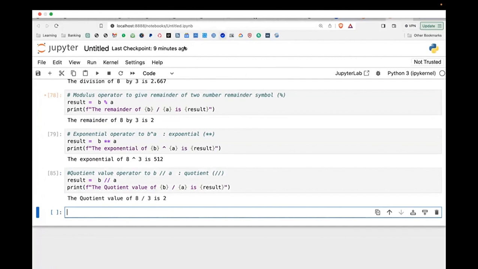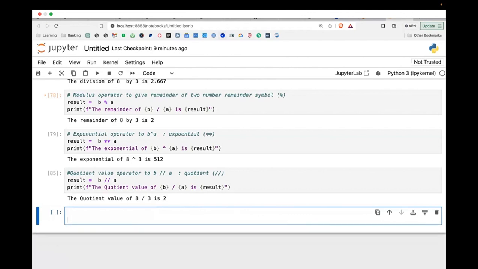What is the difference between the slash and the double slash? I told you, suppose you are doing a division, like 50 divided by 15. This is the divisor and this is the dividend.